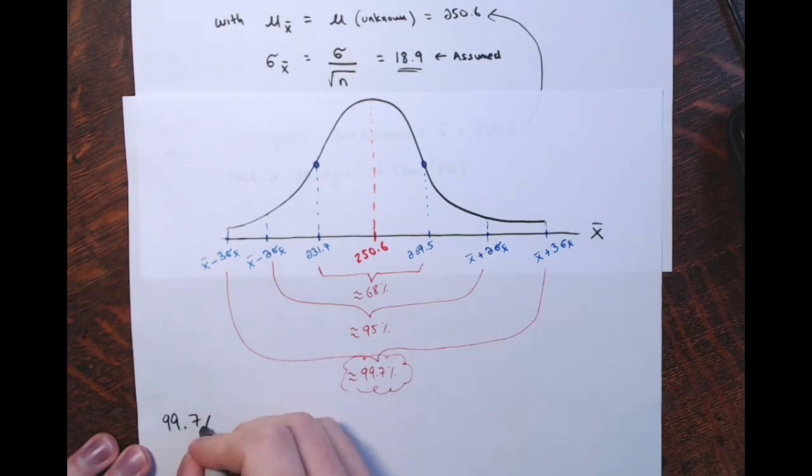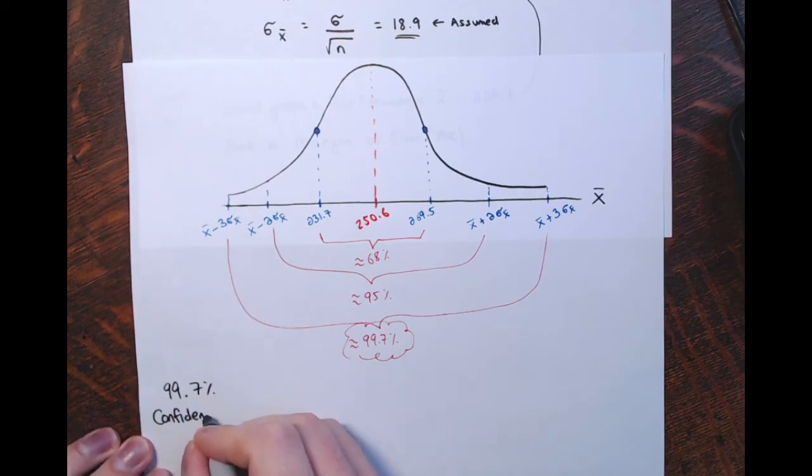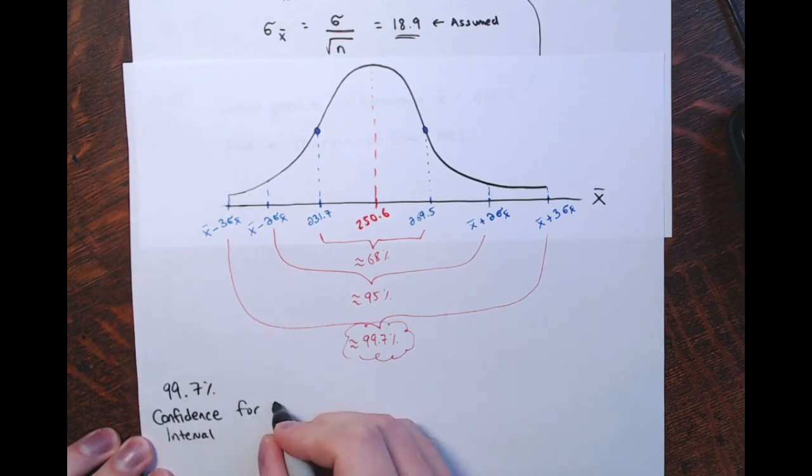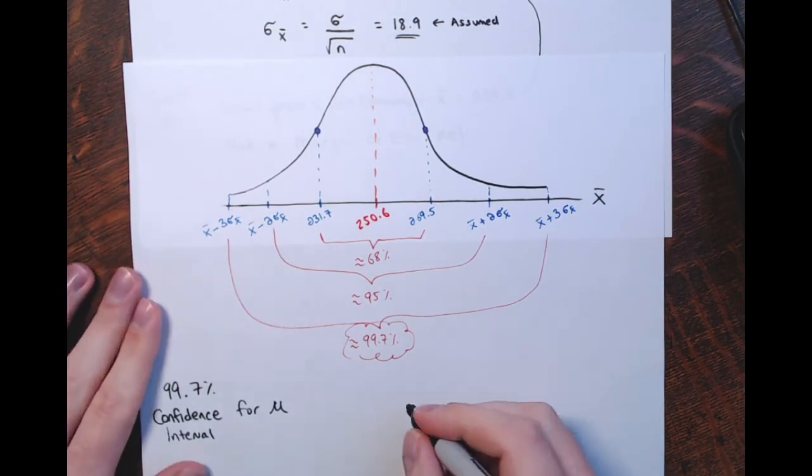But we have a 99.7% confidence level. So we're asked to create a 99.7% confidence interval for the true mean, right? For the mean of the population, for what the true average number of potato chips per bag is for the whole store, the whole supermarket.